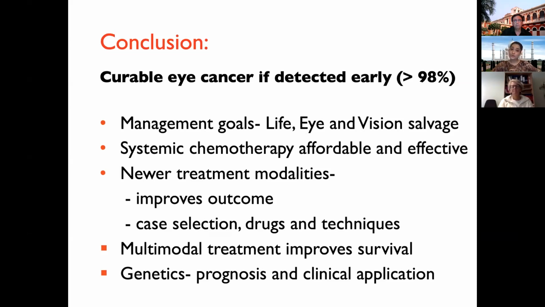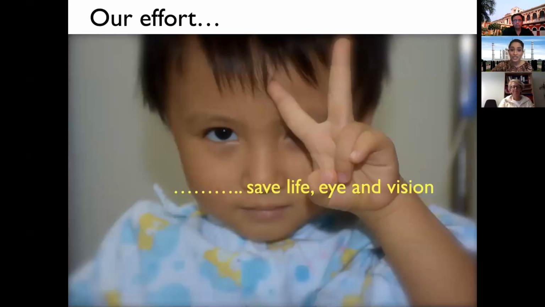And of course, there are various advancements in the field of genetics. Probably I may not be able to cover them due to the limitation of time, maybe next time. So thank you very much. As ocular oncologists and retinoblastoma specialists, our effort has always been to save life, eye, and vision in these tiny tots. Thank you so much.